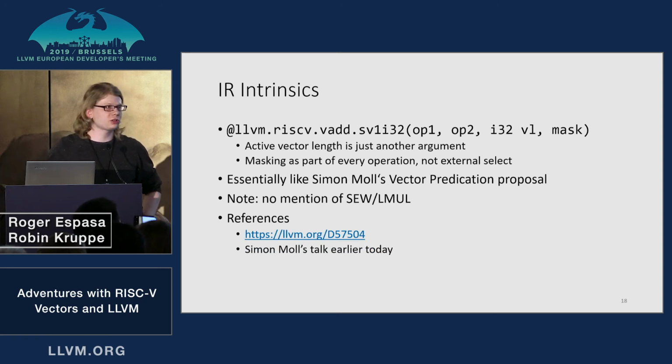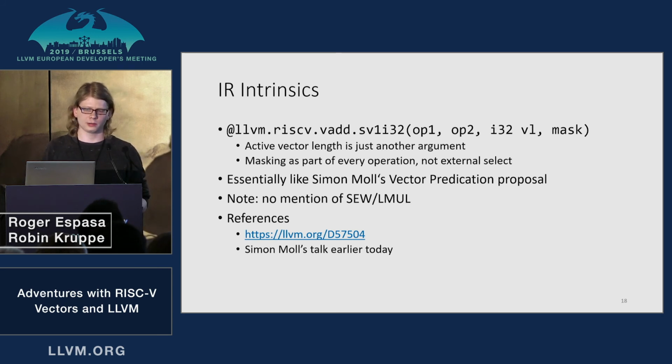And for the operations on them, we currently have target-specific intrinsics. This is an add, for example. And besides the 2 operands that we add together, there's also this VL argument and a mask. You didn't see the mask in the example earlier. There was no predication there, but in general, we need a mask. So this VL there is the active vector length that we use to do strip mining. And the masking is part of the intrinsic itself, not done externally.